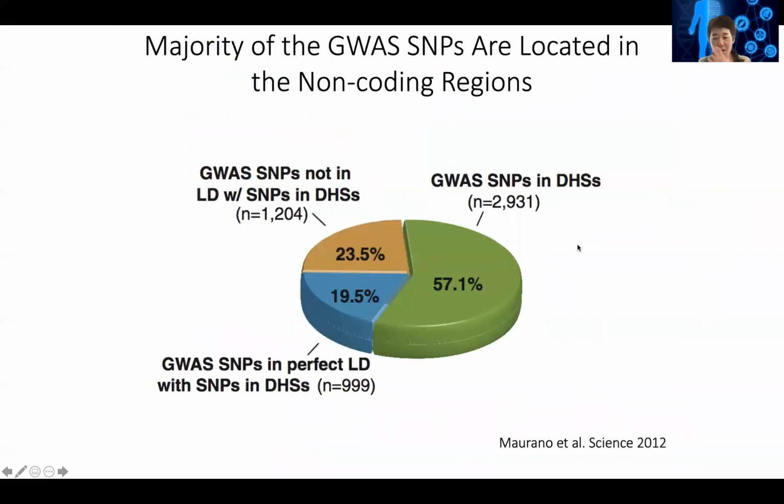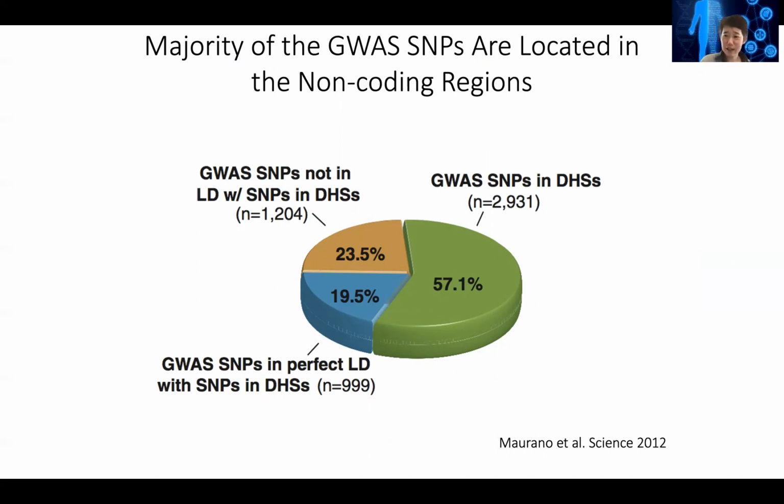And based on our last lecture on Hi-C interaction, Dr. Feng Yue mentioned that a lot of these GWAS SNPs, people found that only a very small set of them are actually in coding regions.